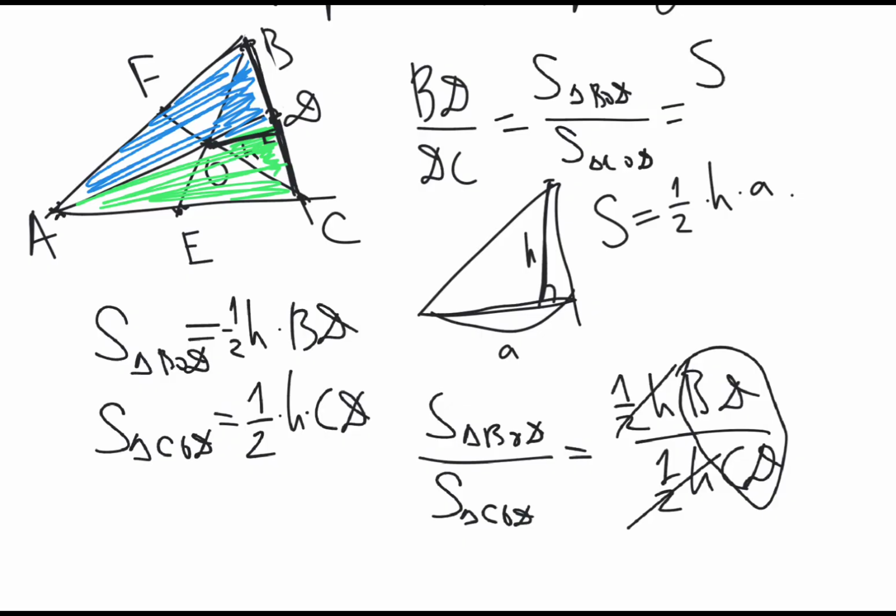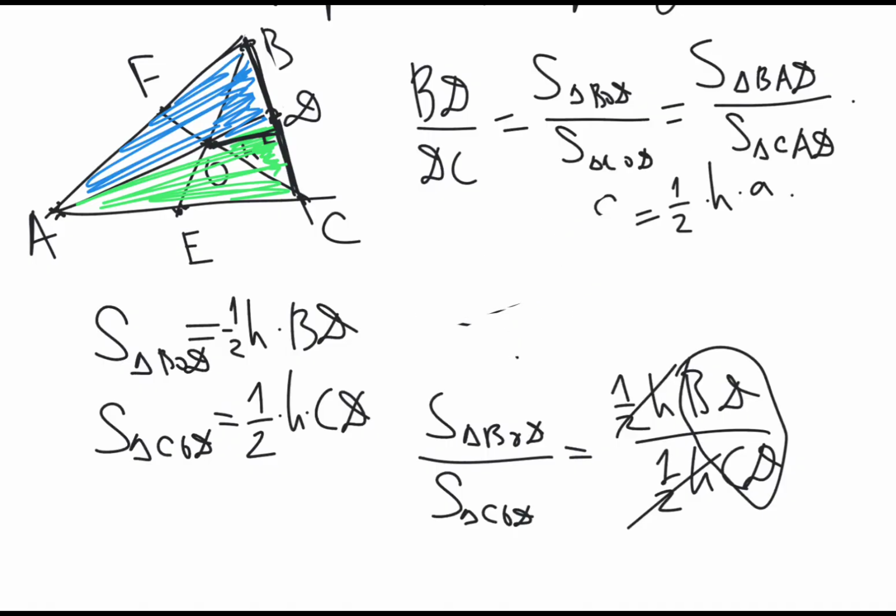So the ratio is again the same: the area of triangle BAD and the area of the triangle CAD. Right, so now I'm going to remove what we don't need anymore.